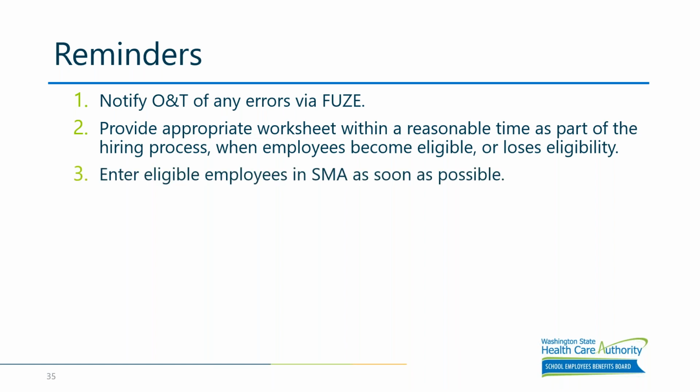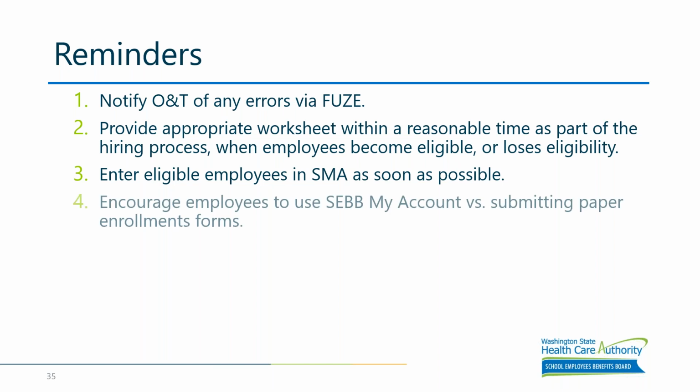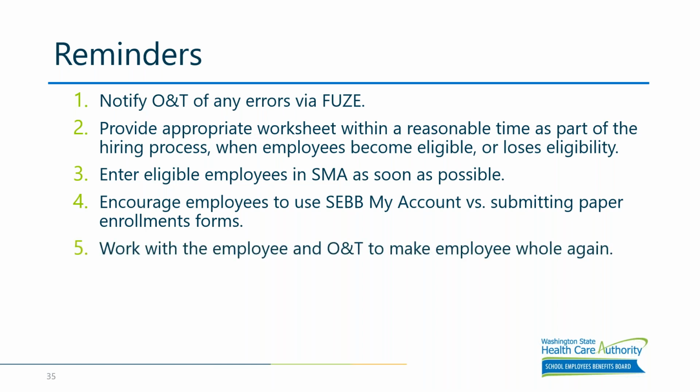Enter eligible employees in SEBB My Account as soon as you can. Encourage employees to use SEBB My Account versus submitting paper enrollment forms that might get lost on someone's desk or someone may forget to enter it into SEBB My Account. We've always encouraged employees to use SEBB My Account. And work with employees in outreach and training to make employees whole again.